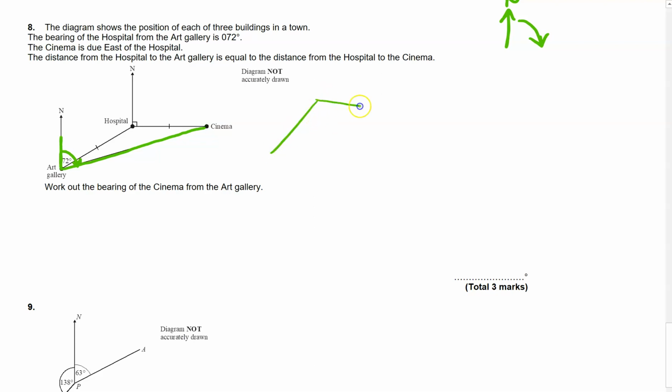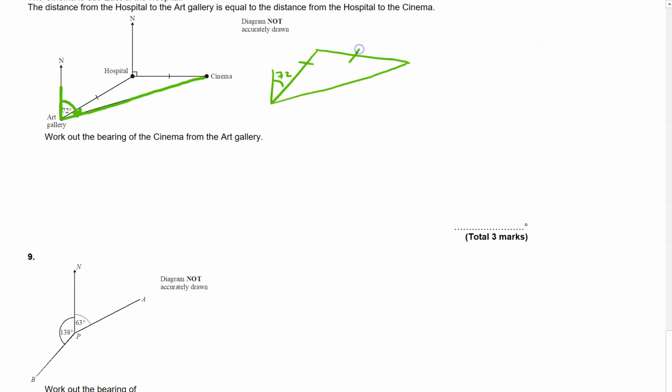What do we know? We know that that bit's 72. This is isosceles, and I've not drawn that very well at all. That's 90 degrees. The key to this one is actually spotting that these two north lines are parallel.